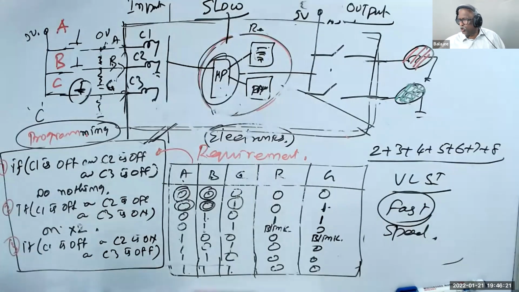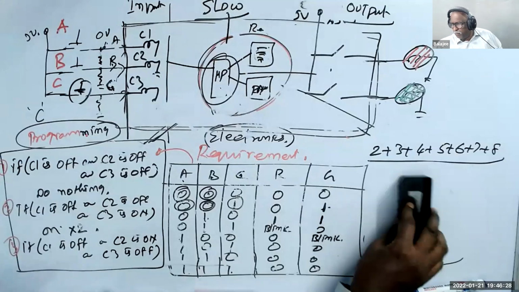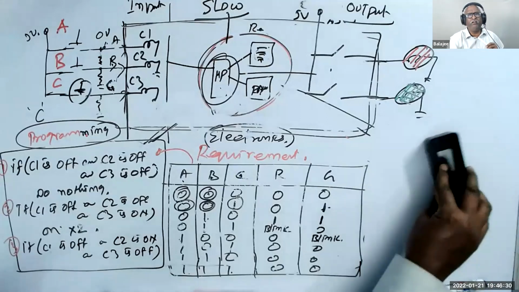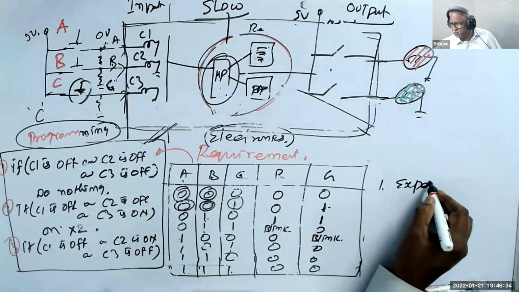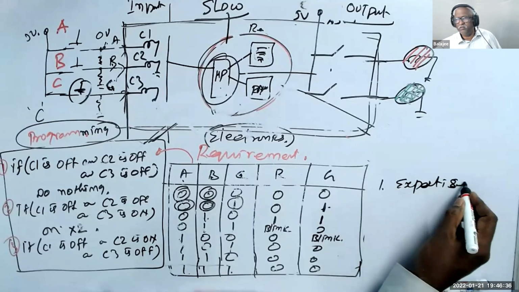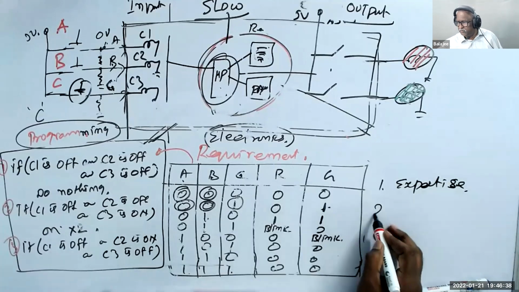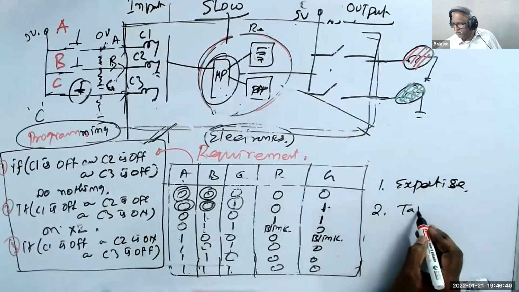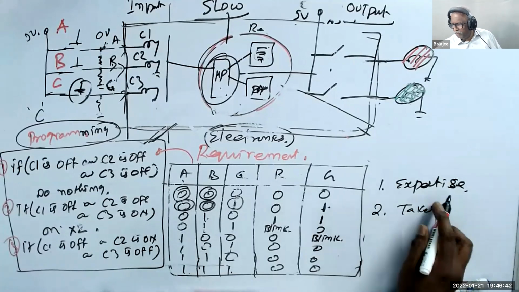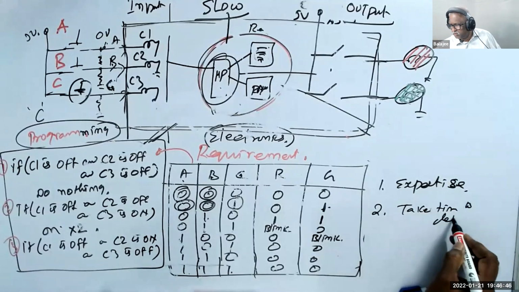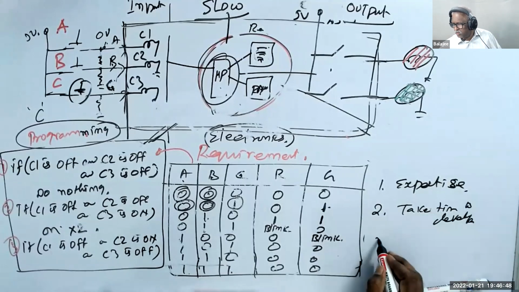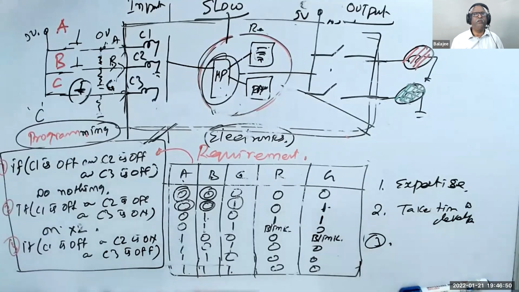But to do VLSI, there are problems. One problem is you need more expertise. Second, it takes time to develop. Three, it's costly.